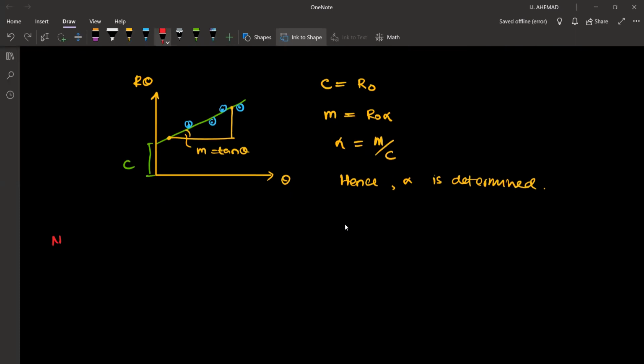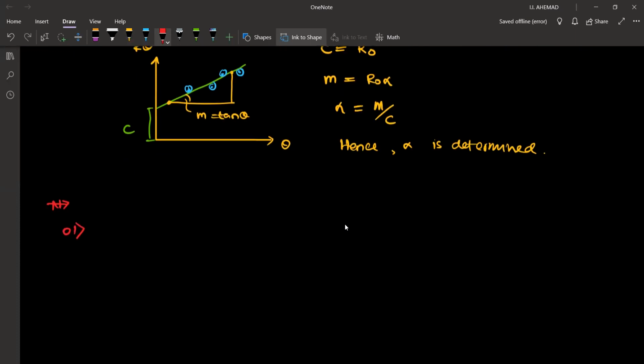Below that, let's write a note. Note number 1. Instead of water, paraffin is used due to the following reasons.